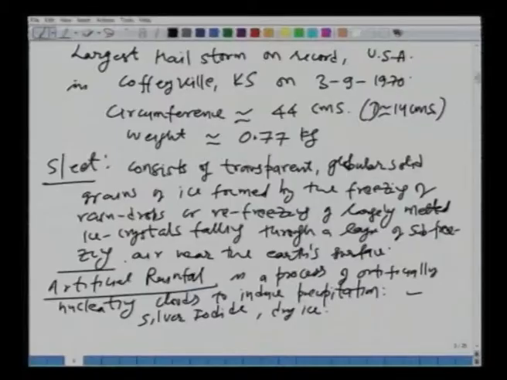All right. So, moving further, I will pose a question to you, which is very interesting. Why does the solid form of precipitation form in the atmosphere?